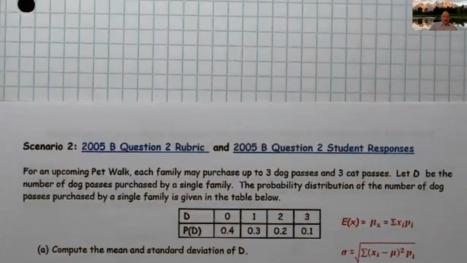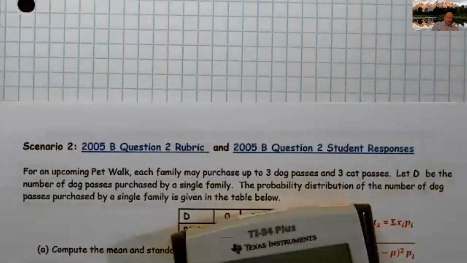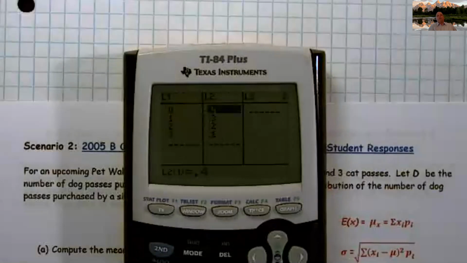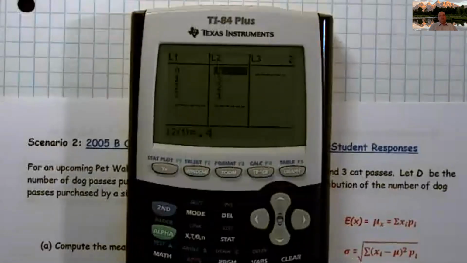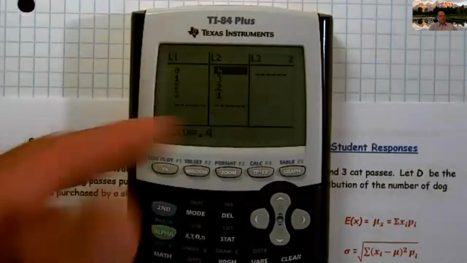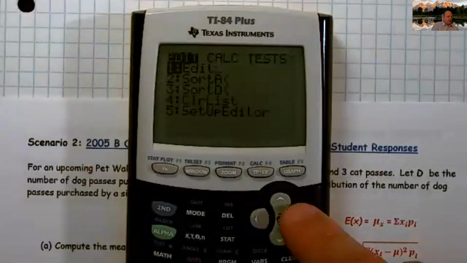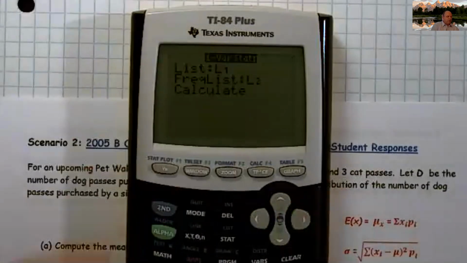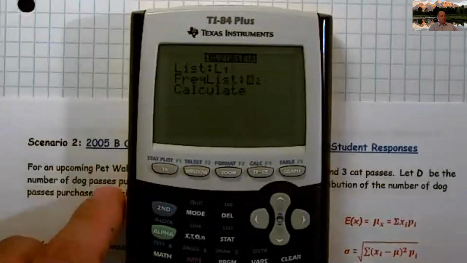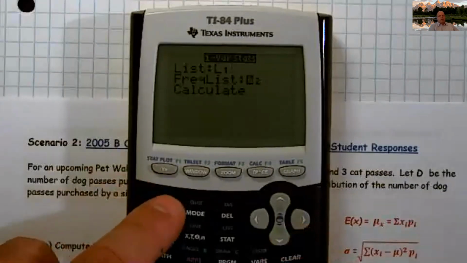Well, I immediately saw answers with no work, and that really made me sad. But I'm sure what people did is they went to their calculator and they put the information into stat edit, and they had the X's in L1, the frequencies in L2, and they went stat calc, one variable statistics, second one, and then they made sure their freq was on, and they went second 2.